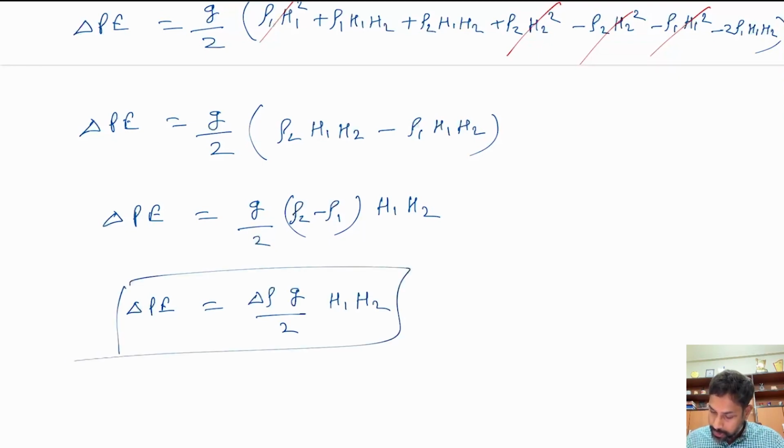So this is the change in potential energy we get, where delta rho is simply rho 2 minus rho 1. Okay, and now we will analyze how this change in potential energy and kinetic energy relate to each other, and in what kind of conditions we get mixing, or what kind of conditions we don't get mixing.